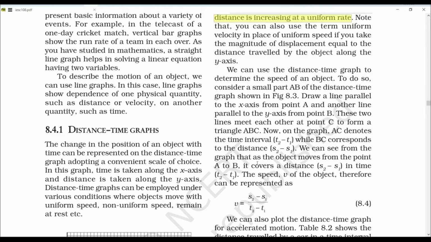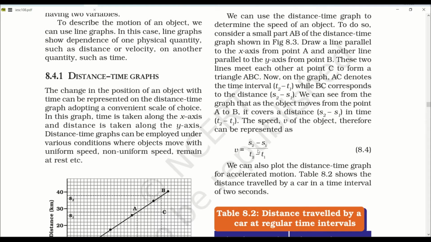We can see from the graph that the object moves from the point A to B. It covers a distance S2 minus S1 in time T2 minus T1. The speed V of the object can therefore be represented as V = (S2 - S1) / (T2 - T1).